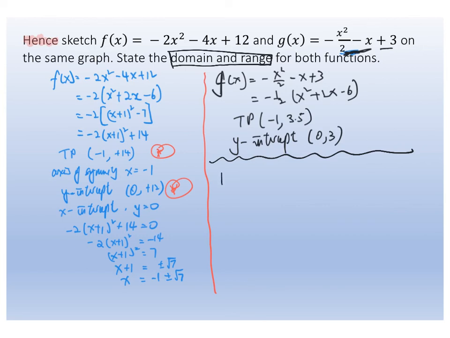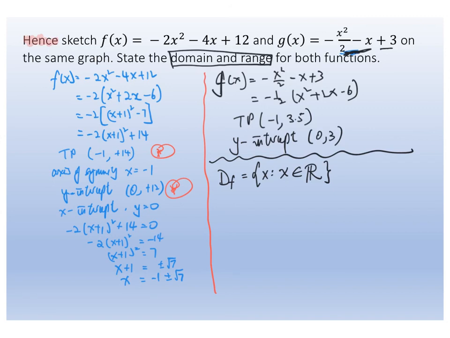The domain of function f is x such that x is an element of the real numbers, because x is from negative infinity to plus infinity. That's all I need to say.